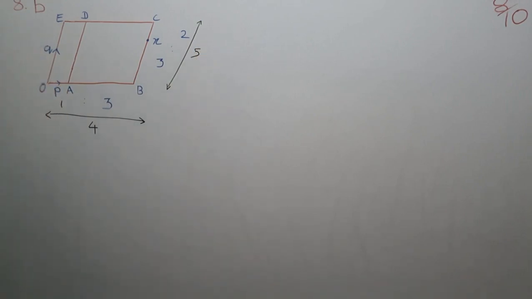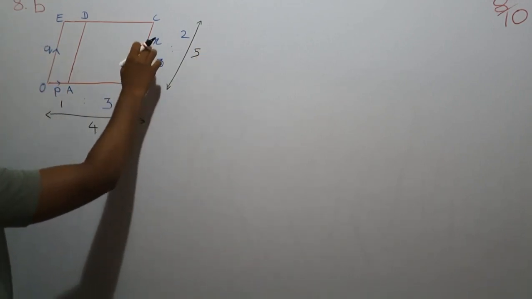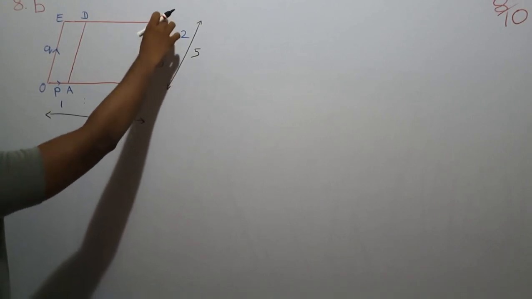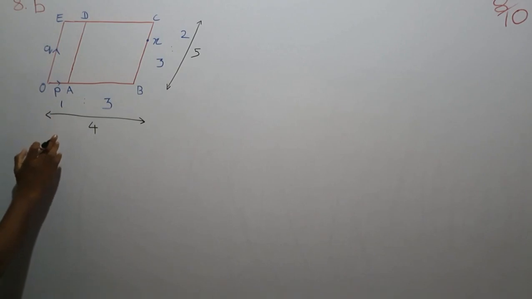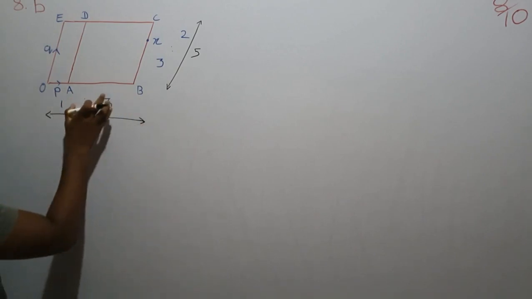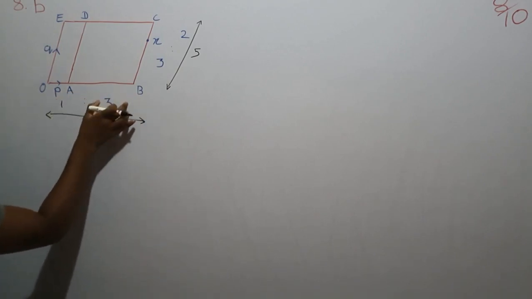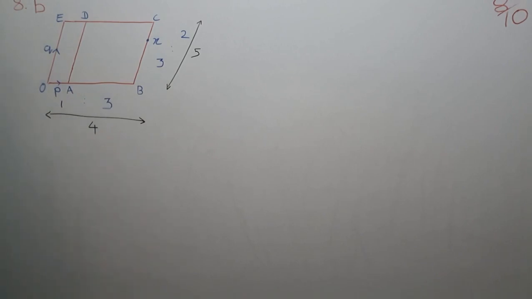There are 5 parts between B and C: 3 parts between B and X, and 2 parts between X and C. Between O and A there is 1 part, and between A and B there are 3 parts. Altogether there are 4 parts.